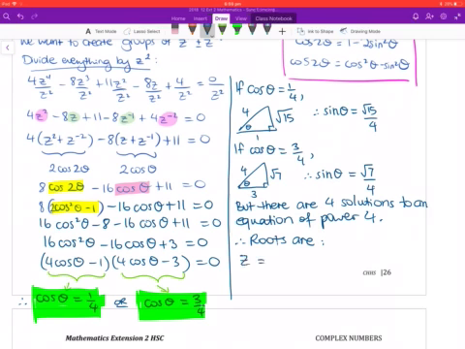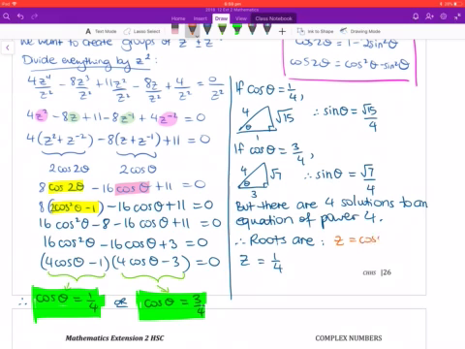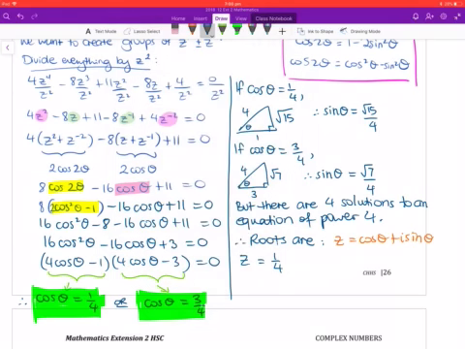z is equal to cos theta plus i sine theta. So it's just taking that format. So we're going to put it all in now. We've got 1/4, and it's going to be plus and minus because we have to have 4 roots, so you can have the negative as well. And then you've got i sine theta, but our sine theta that goes with 1/4 is root 15 on 4, so plus root 15 on 4 i.